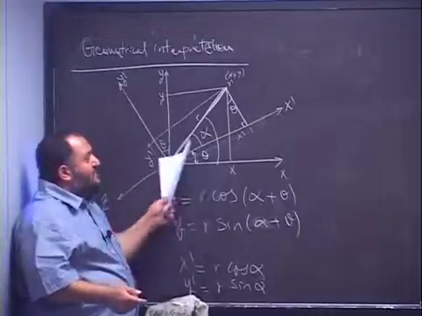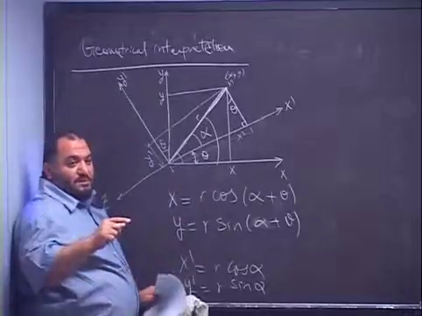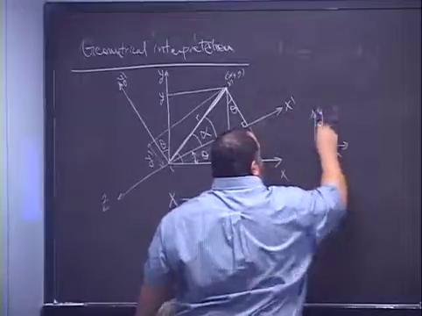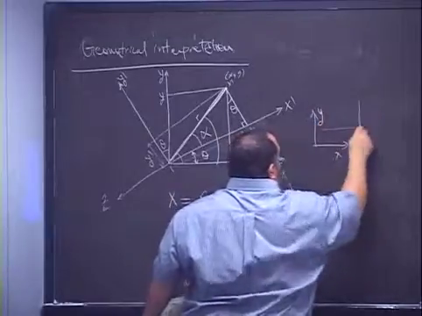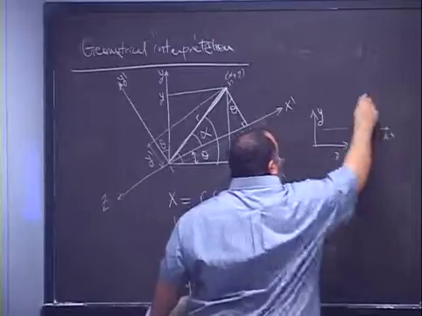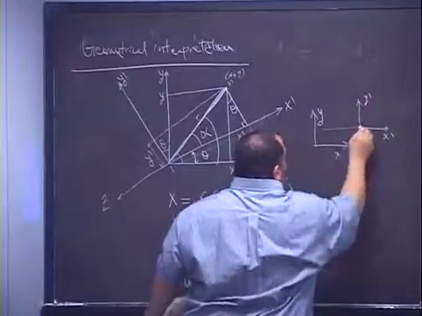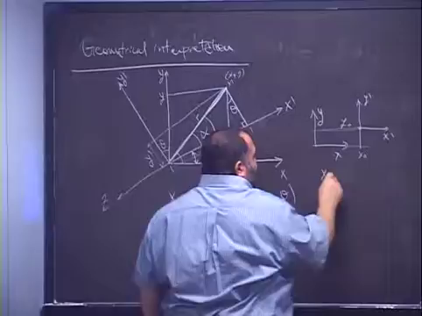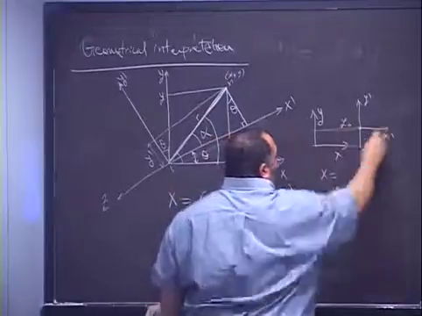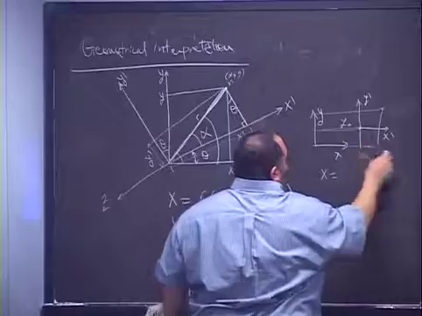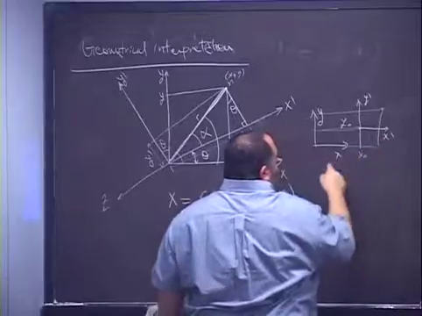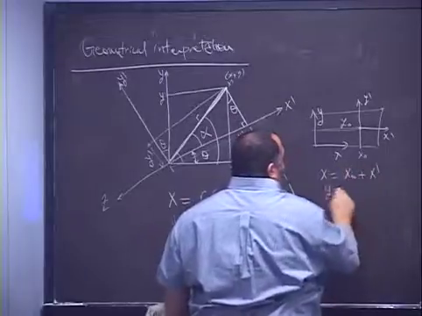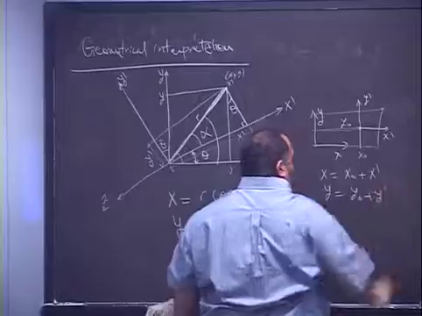But if we look at, instead of rotation, maybe translation now, so you have x and y, then you move it by x', y'. The new origin now has x₀ and y₀. So what's x? Any point x here will be x₀ plus x', and y will be y₀ plus y'.